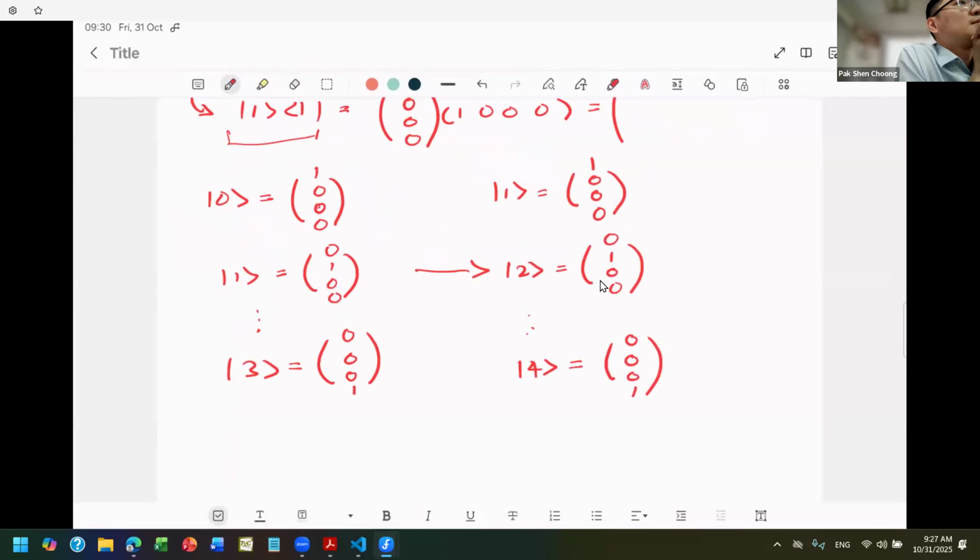So you have 0, 0. How about 0, 1? Your k is equal to 0, so you don't have the phase as well. The third one, you also don't have the phase. The fourth one, you also don't have the phase.